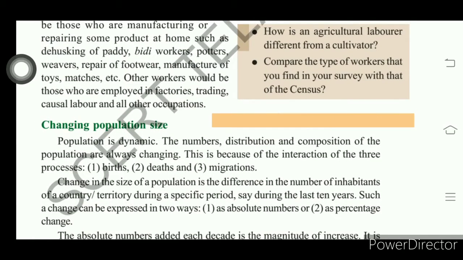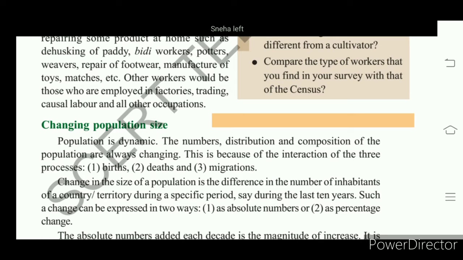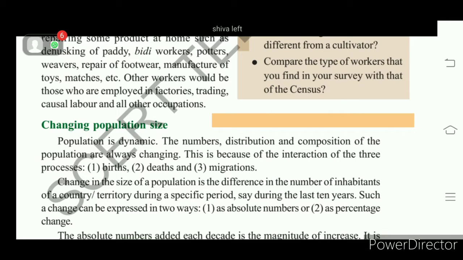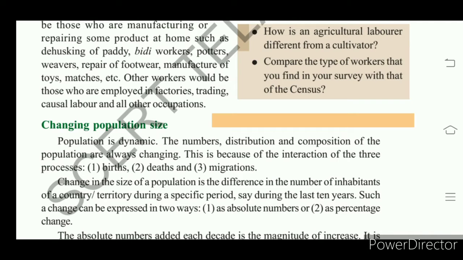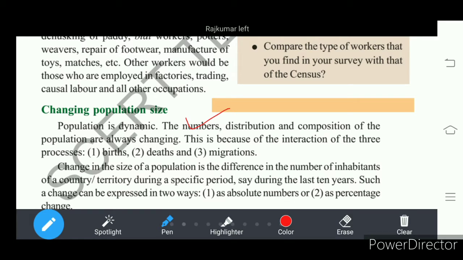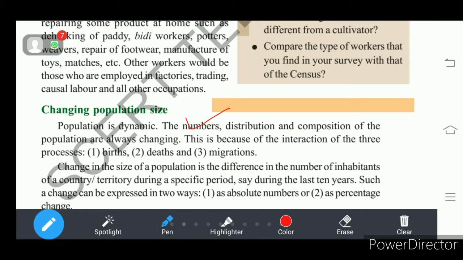We'll discuss now changing population size. In the first part of this chapter, we have seen population is dynamic because it changes. In which areas does it change? In number: it was 102 crores as per the 2001 census, and by the 2011 census it is 121.01 crores.